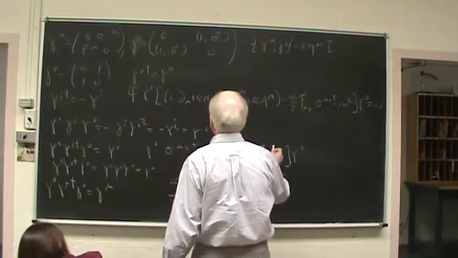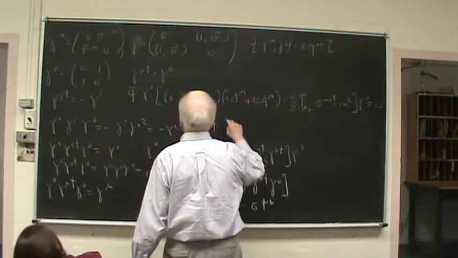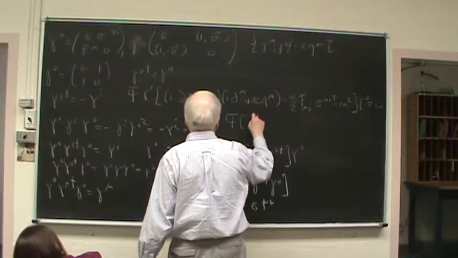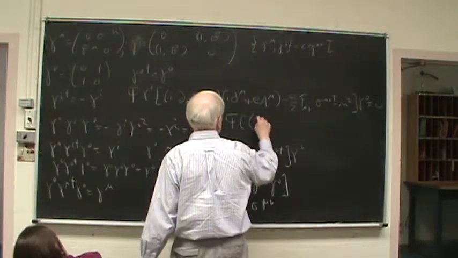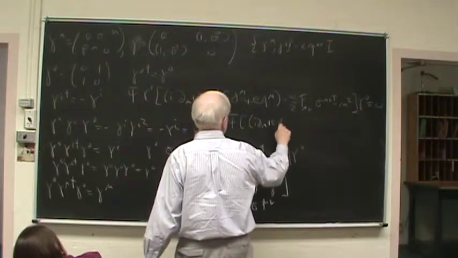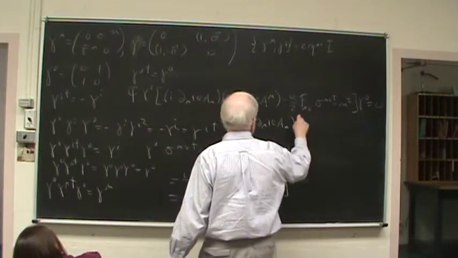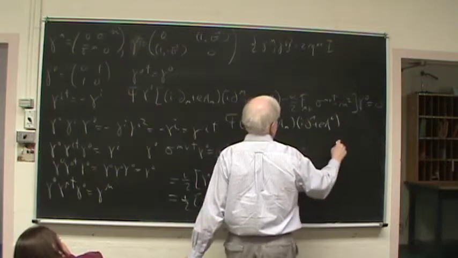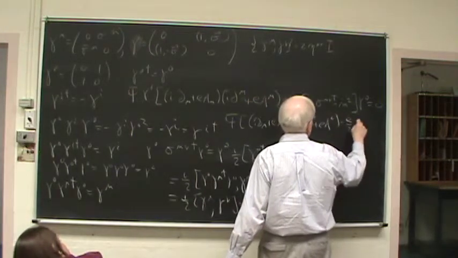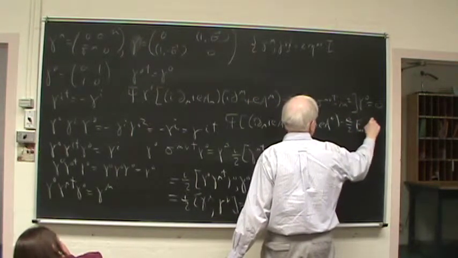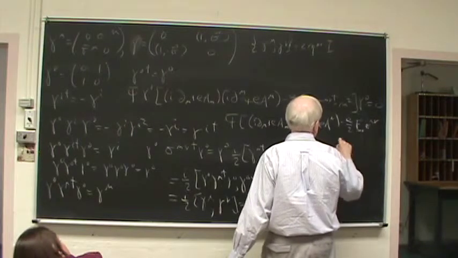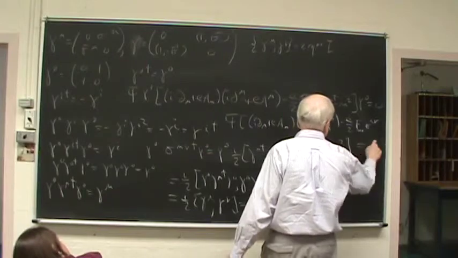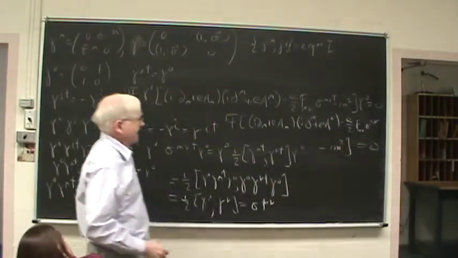And the rule then is that gamma 0, sigma mu nu adjoint, gamma 0 is just sigma mu nu. So the new equation then is psi bar, I D mu plus E A mu, I D upper mu plus E A upper mu, minus E over 2 F mu nu sigma mu nu, minus m squared, and there's no more gamma 0, it came through. And so that's the equation.